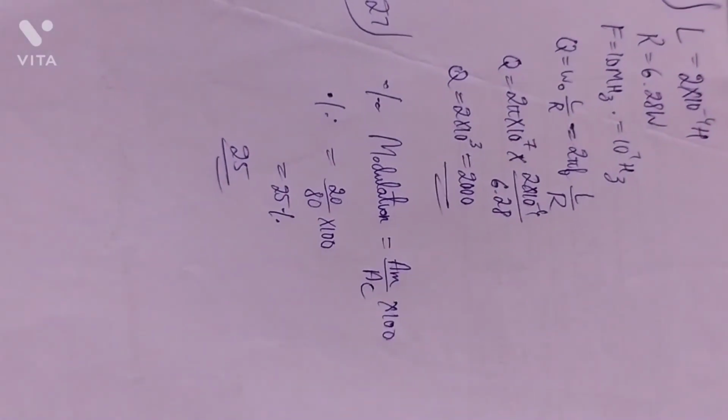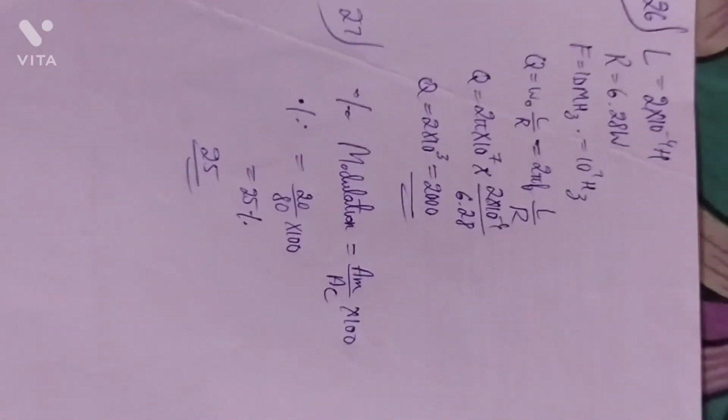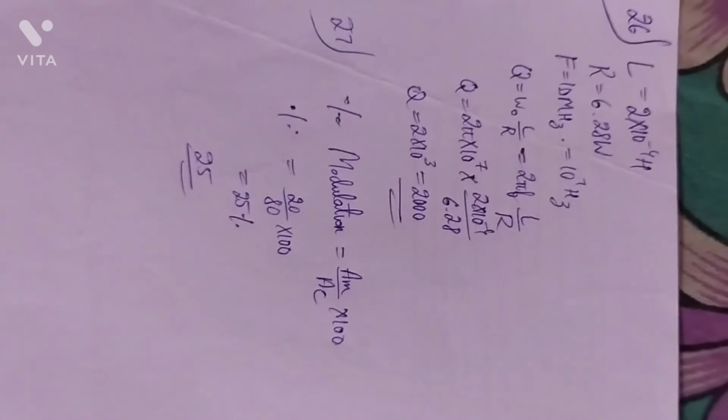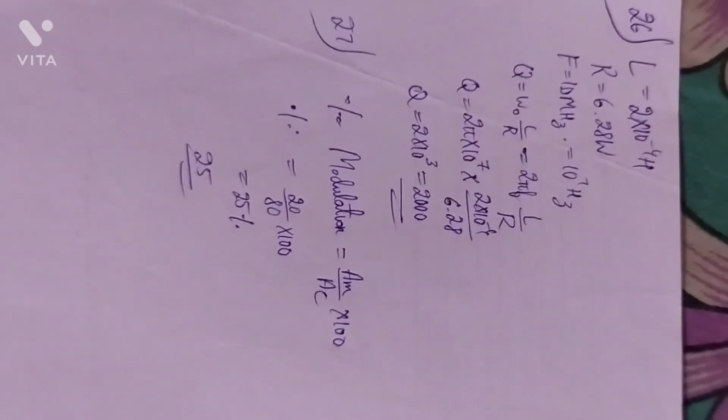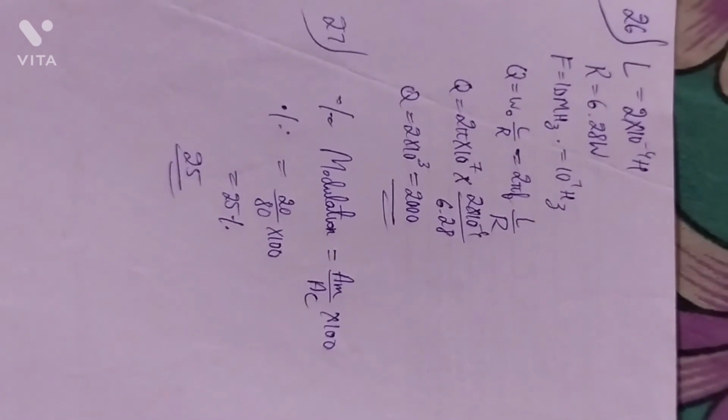Therefore the value of percent modulation is 25.